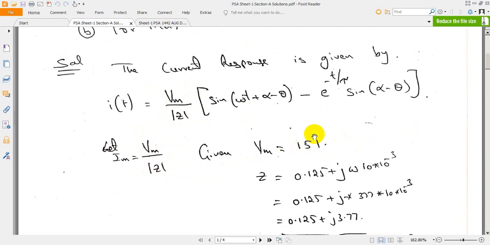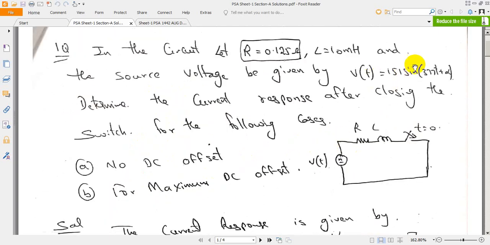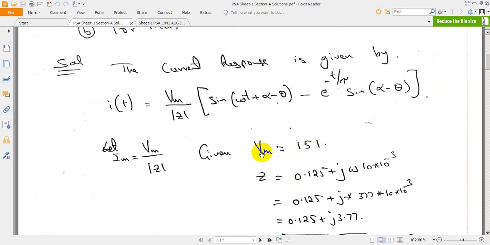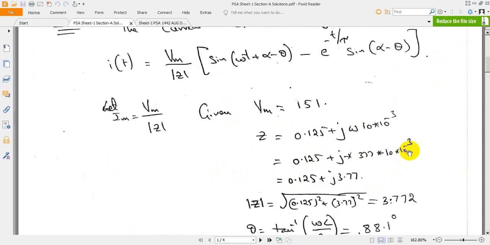Vm is given in the problem as 151, omega value is 377. Z is equal to 0.125 plus j omega L. Omega is 377 and L is 10 into 10 to the power of minus 3 henries, from which Z is equal to 0.125 plus j3.77. But we need to get the magnitude of the impedance.